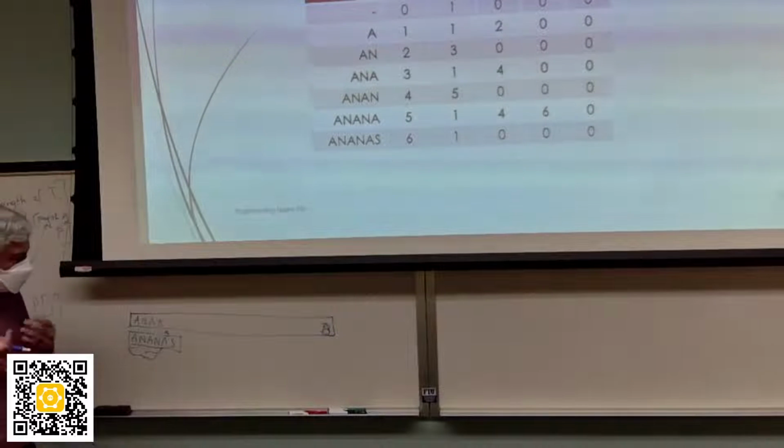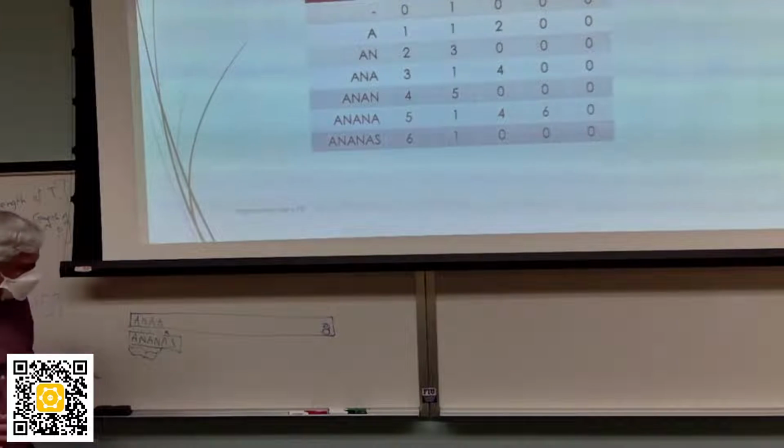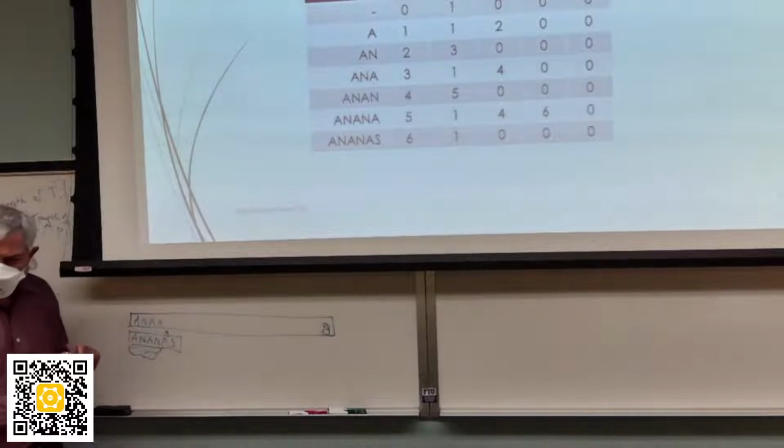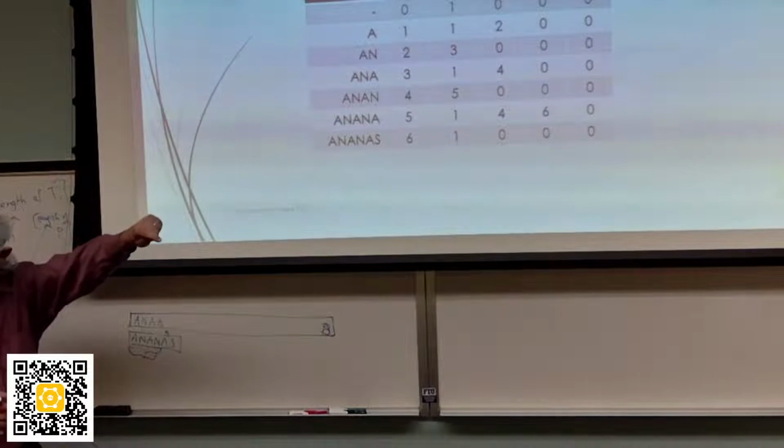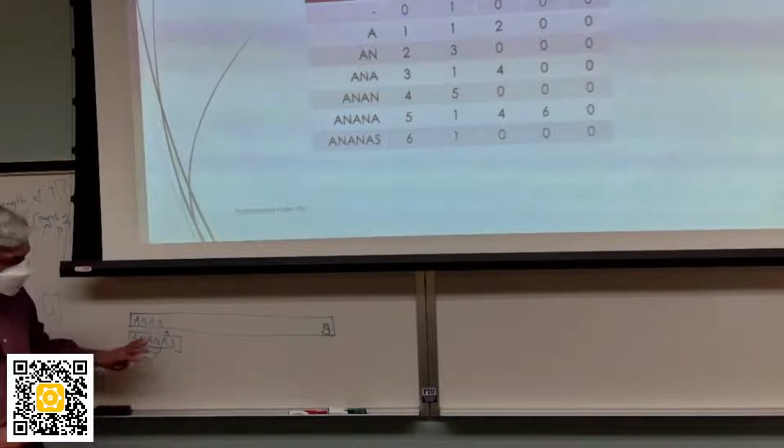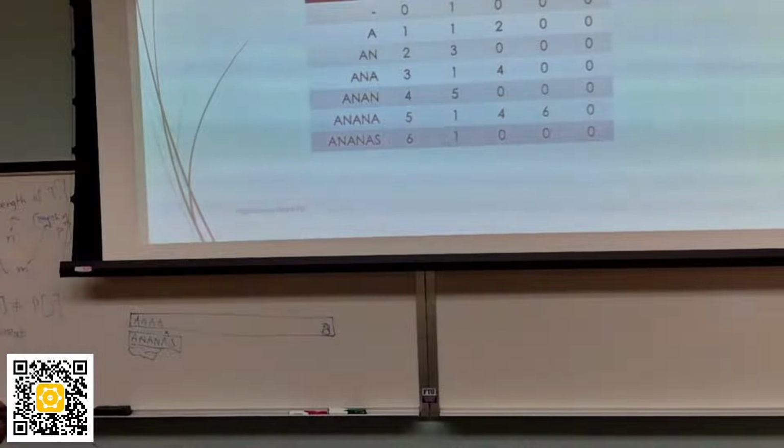So if I can pre-record that information, then it helps me figure out how much to slide this by and to what state I should go to. Both these pieces of information get in, and that helps me to avoid redoing a lot of the checking.